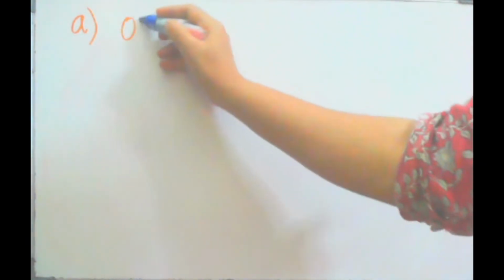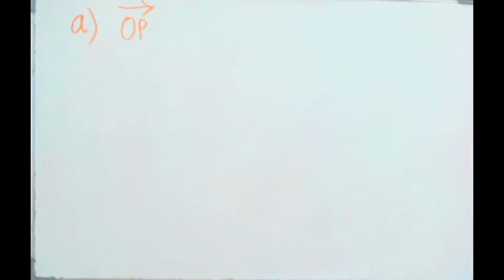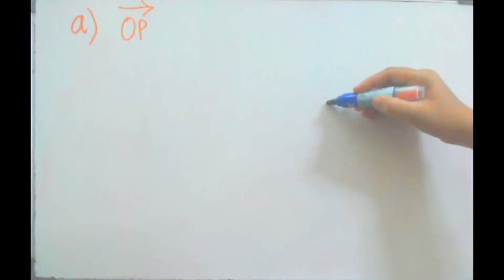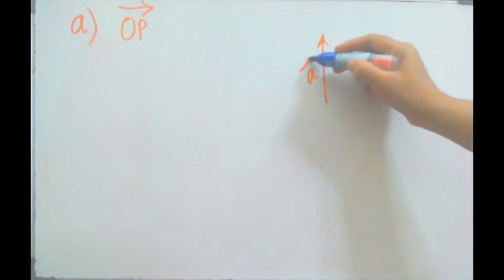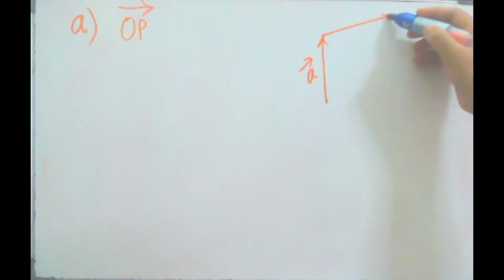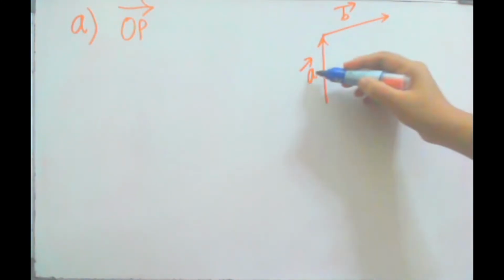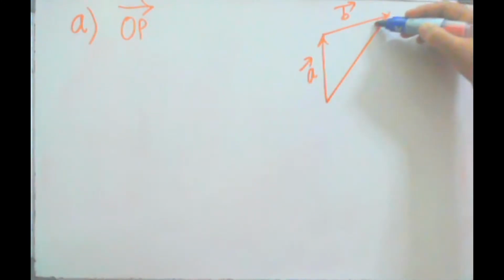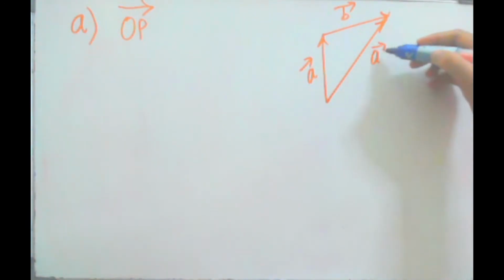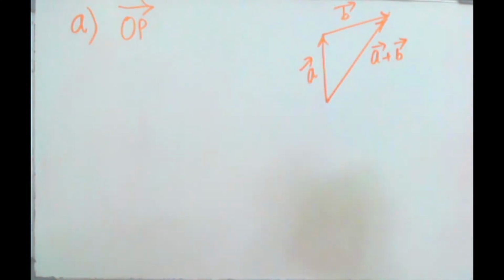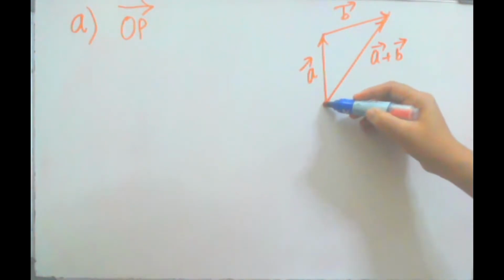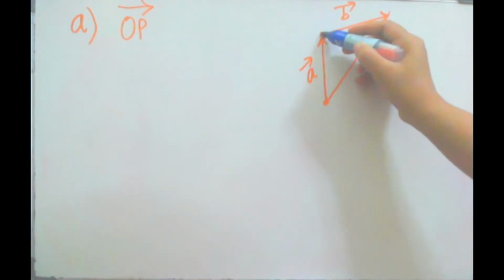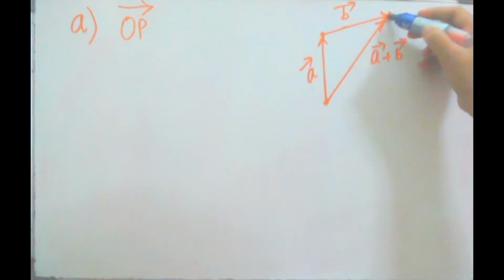Okay, so we have to find OP. Now to find OP, we can use the triangle formula of vectors. So what is the triangle formula of vectors? Let's say one vector a is like this, another vector b is like this. The resultant of these two vectors is given by the third vector like this, which represents a plus b. You can think of it like this: a person starts walking from here, he reaches this point. Then he walks from here, he reaches this point.